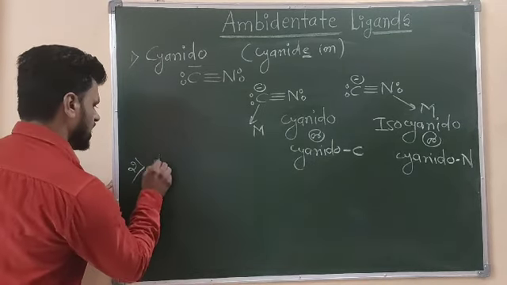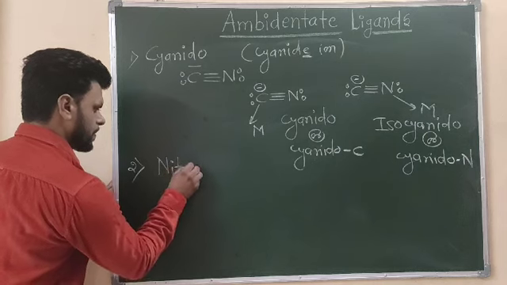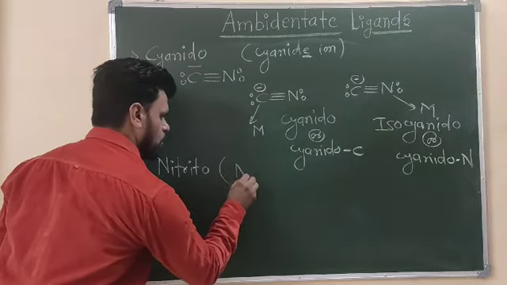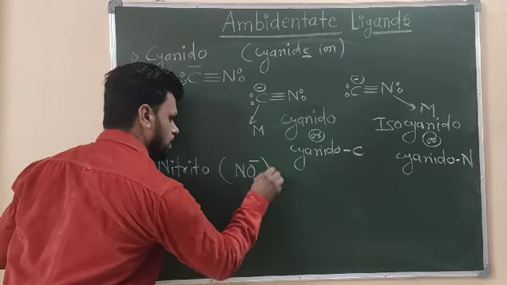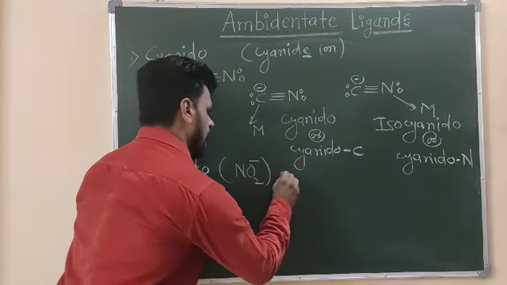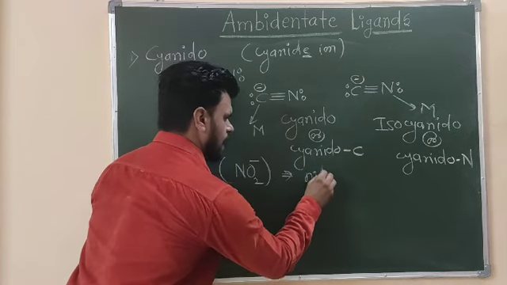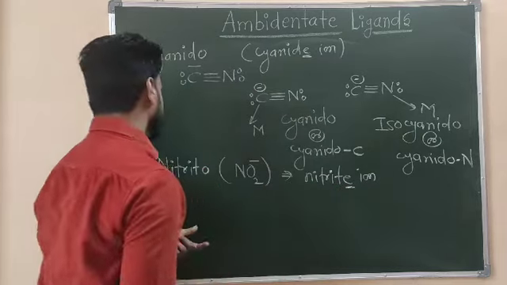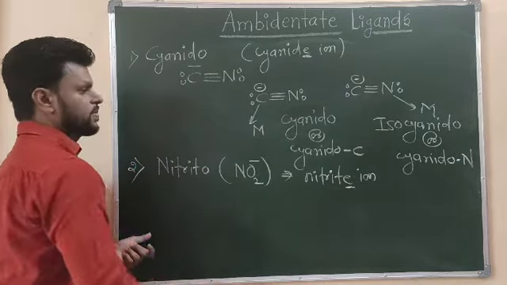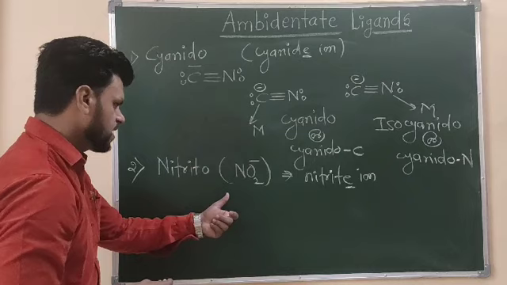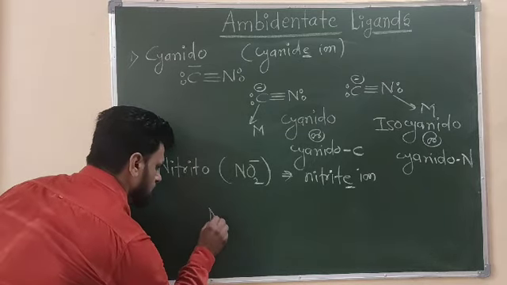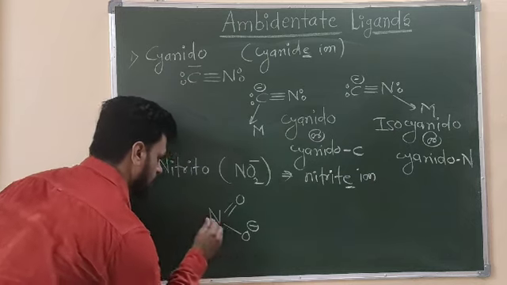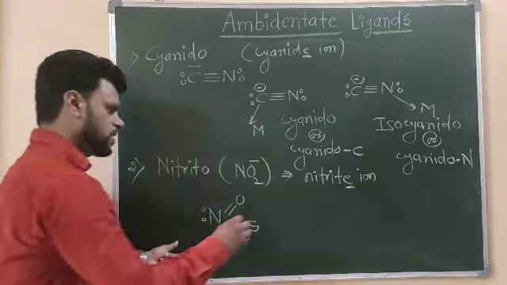Next we have nitrito. Nitrito means NO2 minus. The ion name is nitrite ion, and as I told already, the E is replaced with O to become the name of the ligand. If you look very carefully, N double bond O and O carries a negative charge, and we have a lone pair on the nitrogen.